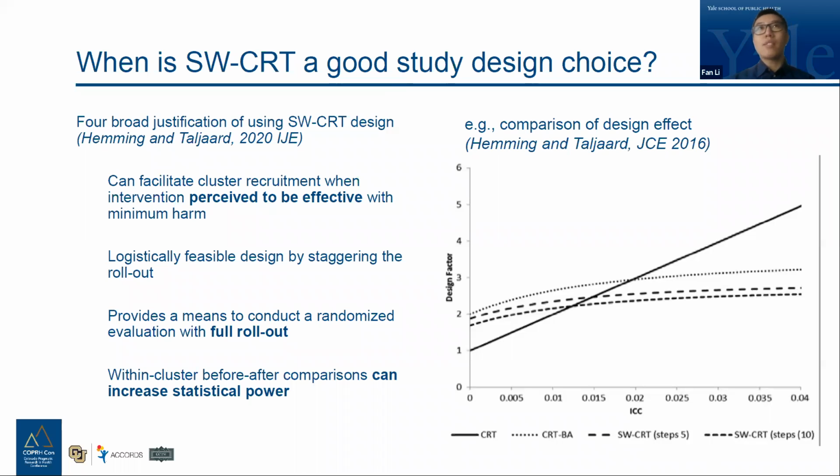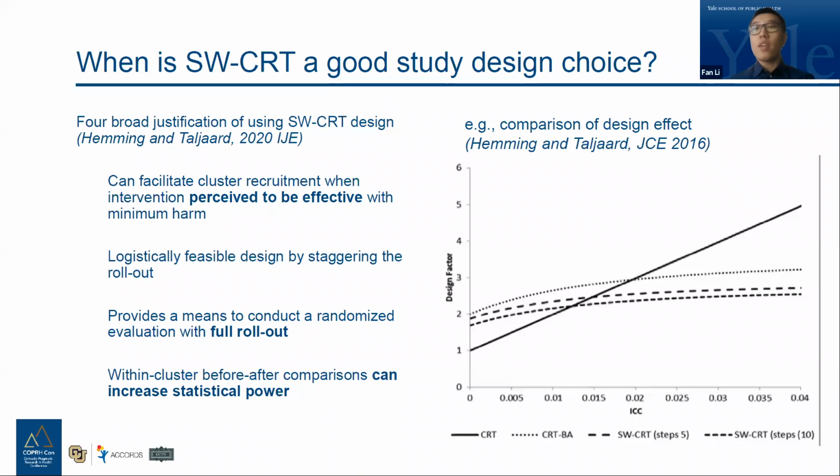And finally, in SW-CRT, we can conduct both the within cluster before-after comparison, as well as the between cluster comparison, as in a usual parallel cluster randomized trials, which can increase the statistical power as shown on the right-hand side of this figure, which presents the variance inflation factor between cluster randomized trials versus the stepped-wedge cluster randomized trials.